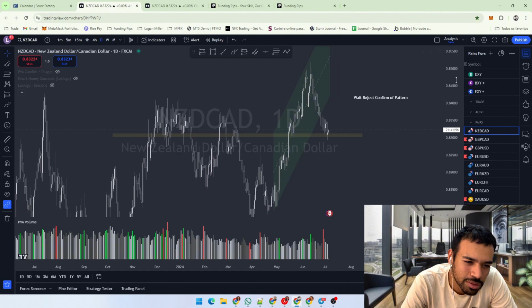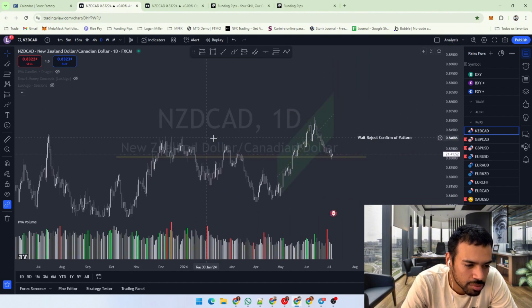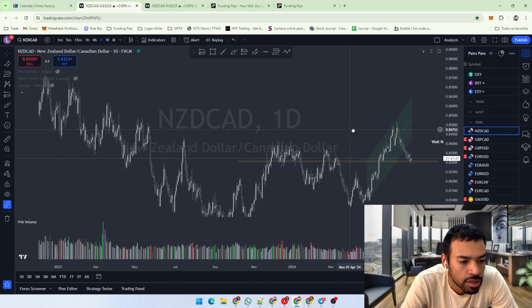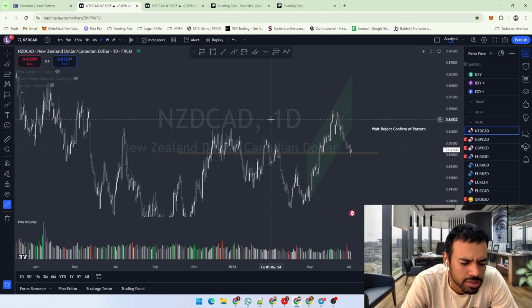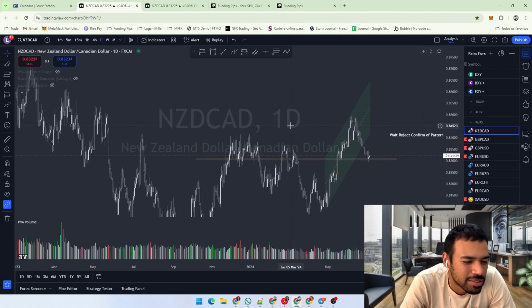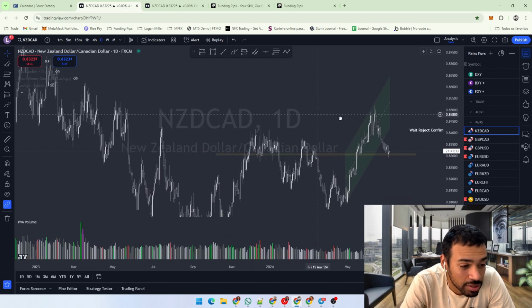After we draw our trend line in daily, we draw some regions of support and resistance. Supply, no, support and resistance. I don't know why I said supply. It's not supply and demand. I trade just trend lines and support and resistance.